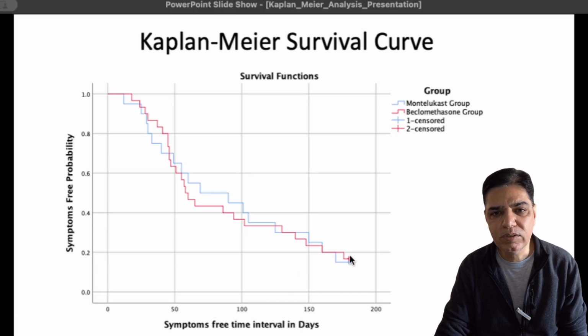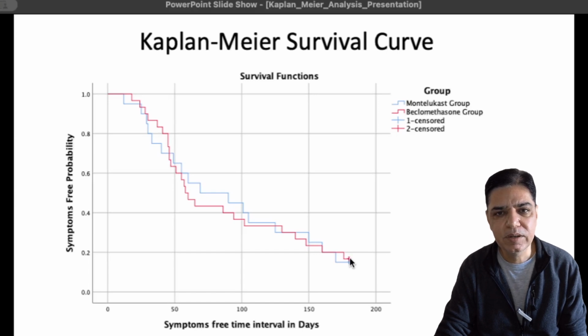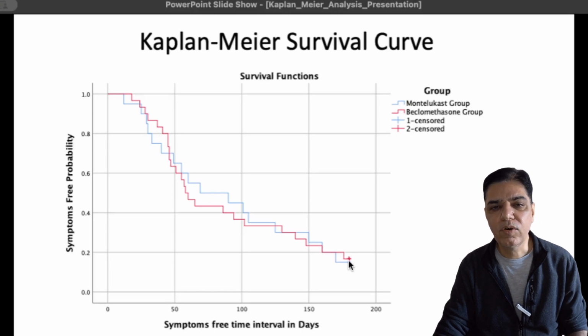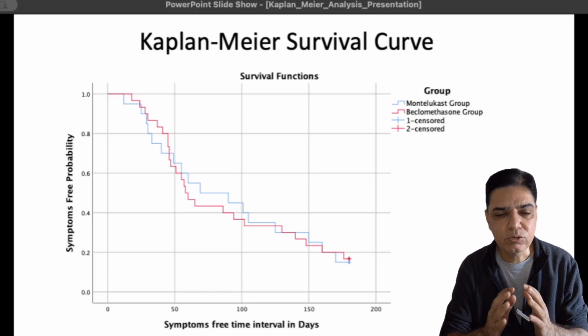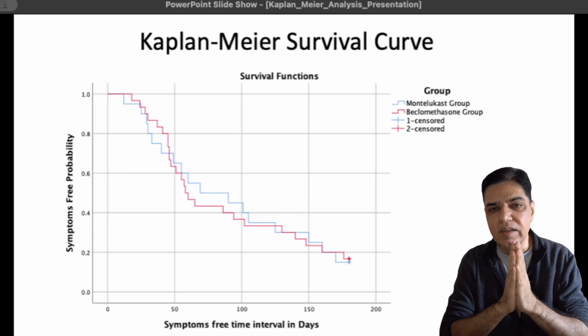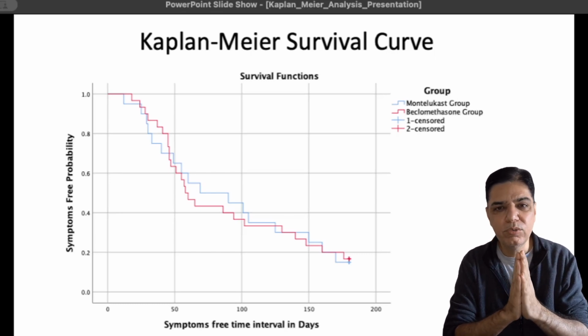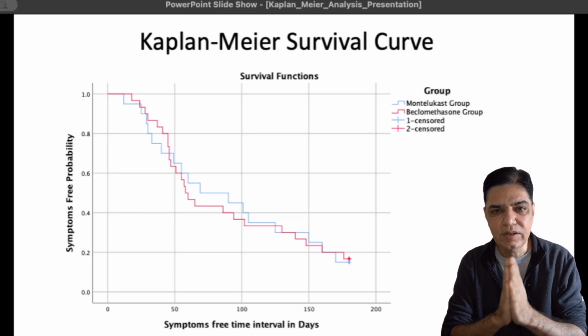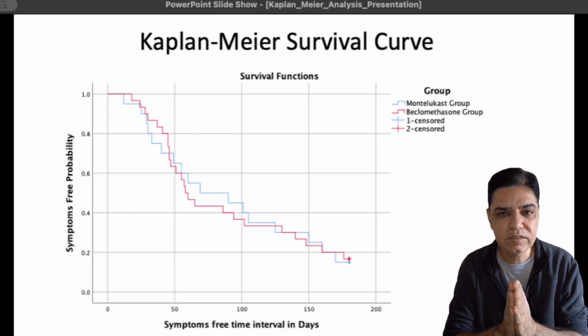But if we go down, we see they are quite close to one another. Rather, at the very end of the study, beclomethasone is slightly better, because the graph is slightly higher, the probability of being symptom-free is slightly better in beclomethasone as compared to Montelukast. But don't forget that these lines are very close to one another. So apparently at a certain point Montelukast is working better, at another point beclomethasone is working better.